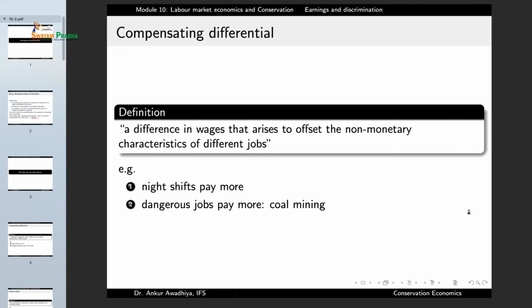So what we are saying here is that several jobs have certain non-monetary characteristics, which is a way of saying that there are certain jobs that do not have a very big difference in the amount of remuneration that they will provide, but they have certain characteristics that differentiate them against each other.